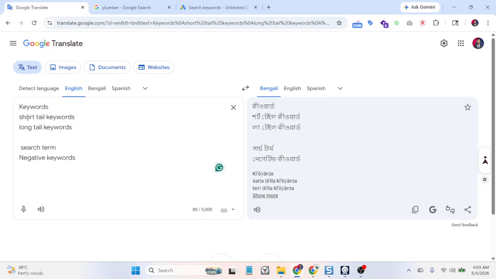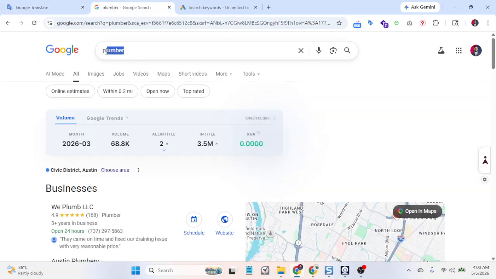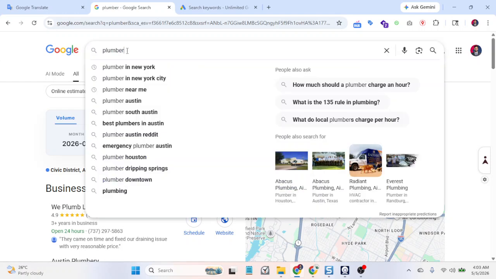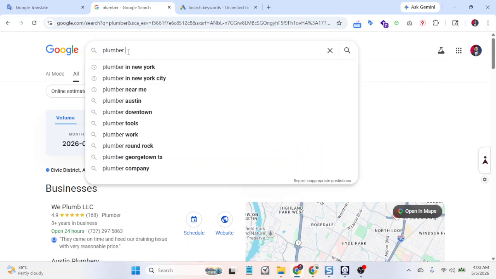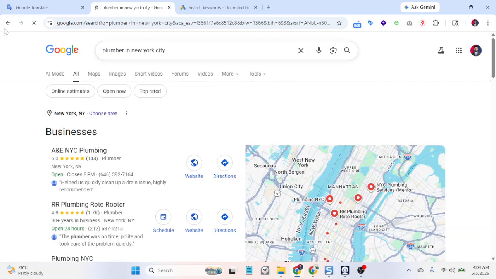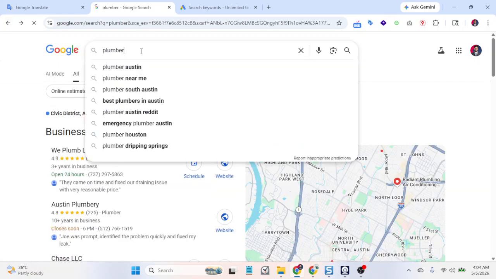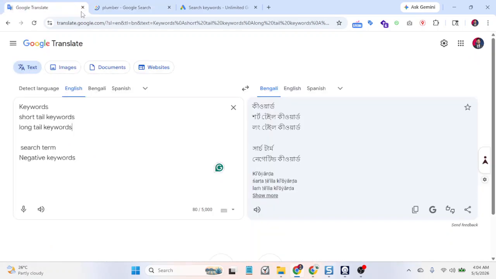If you see the names, you can understand them better. Basically, one or two words are called short tail keywords. Like if you search on Google or set as a keyword "plumber", this is a short tail keyword, or "plumber in". And "plumber in Newark", at least three words, is a long tail keyword.